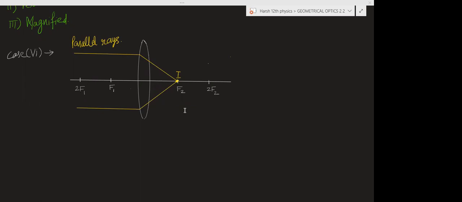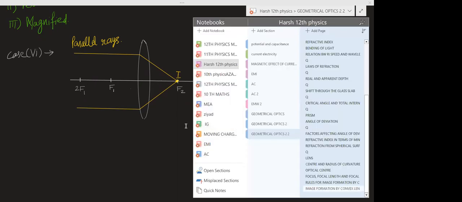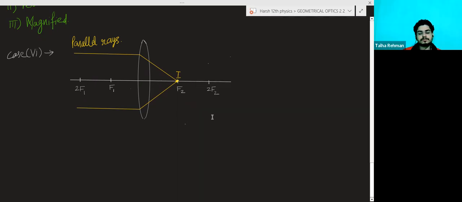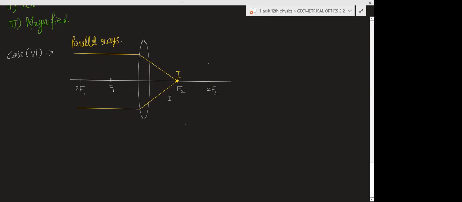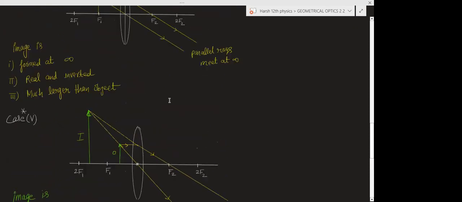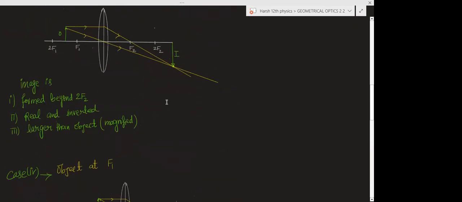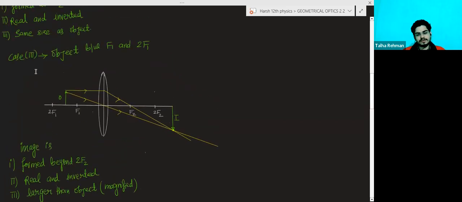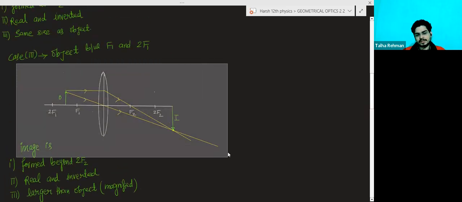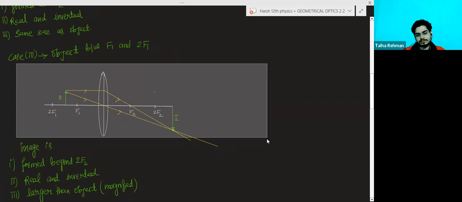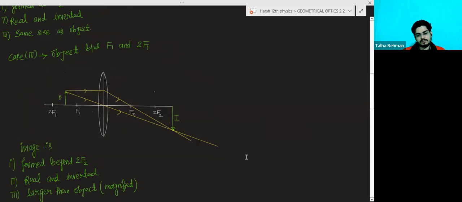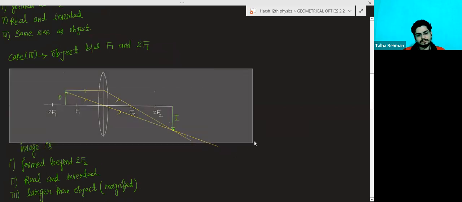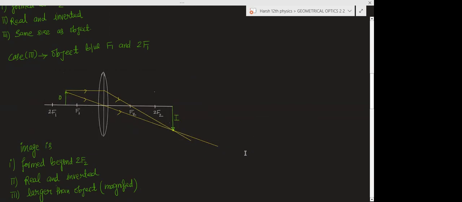Done, sir. So when are we going to finish the portion, the whole physics syllabus? I am thinking about it, because we have limited time and limited classes, so either I have to take extra classes or something else.